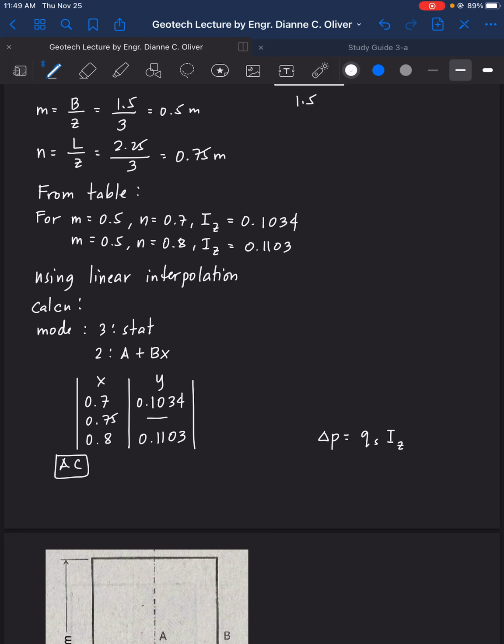I'm using a Casio FX115ES. So AC, then shift, then 1. Shift 1, we have there stat. Then click 7, which is reg.